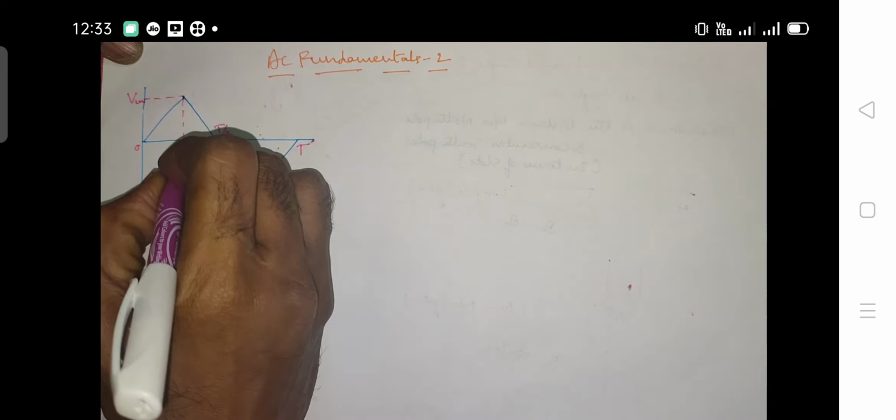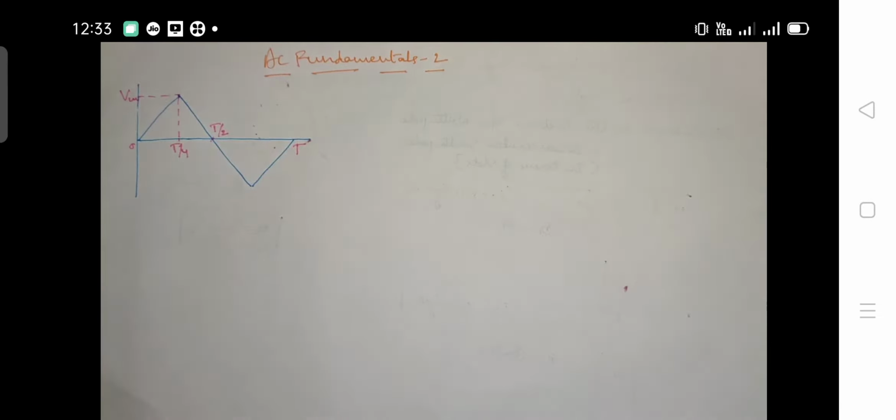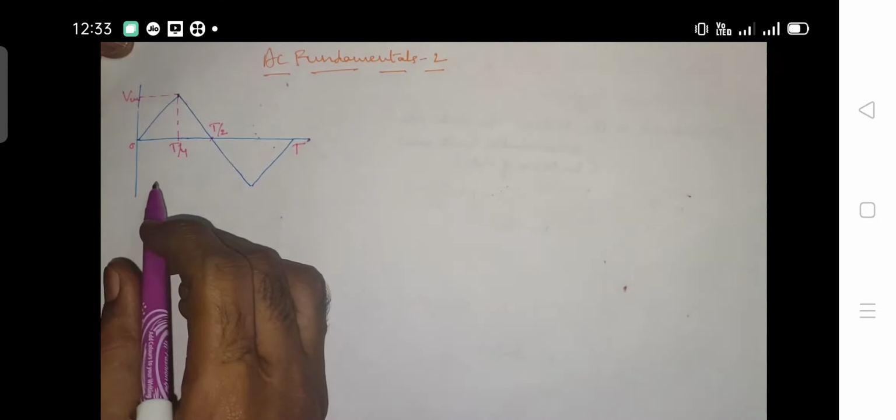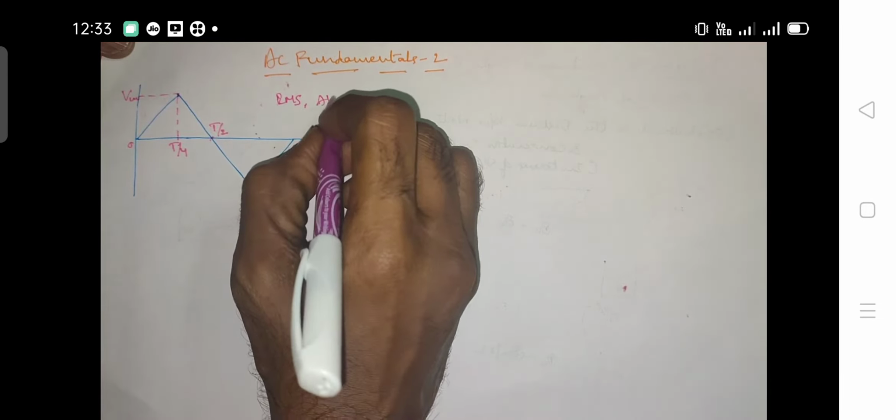Exactly at T by 4 it is going to have the maximum value, and for this waveform, in order to find out the form factor or peak factor, first we have to derive the RMS value and the average values.